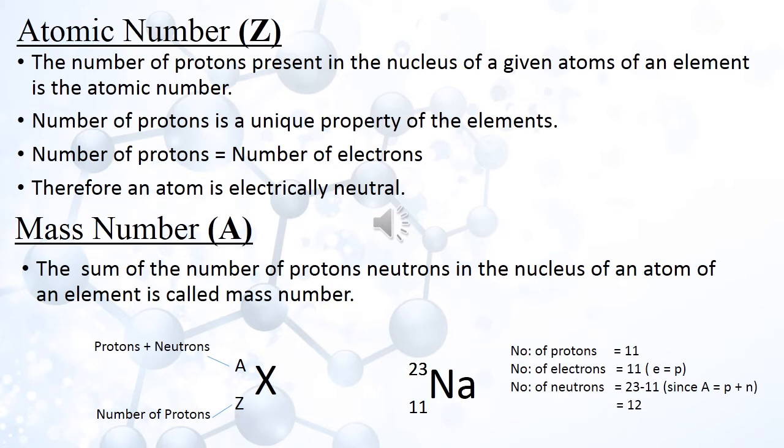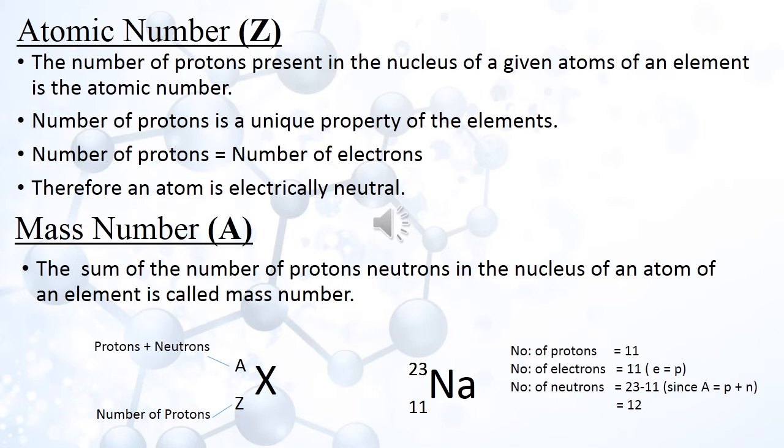To indicate these things, there is an internationally accepted way. That is given here. For an element X, this is how we can indicate the atomic number and the mass number.